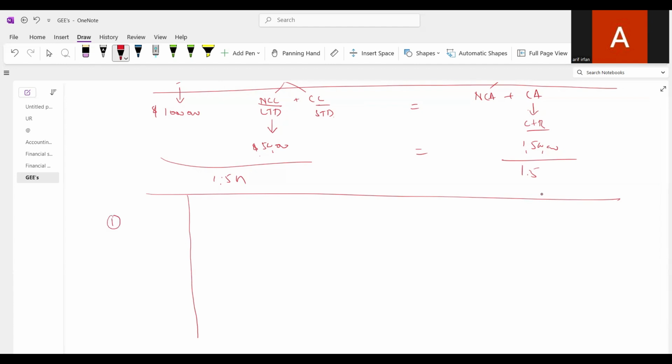Let's say one more transaction I would like to give you: $500,000 machinery purchased. Last time that was on cash. Now let's say machinery purchase on credit.